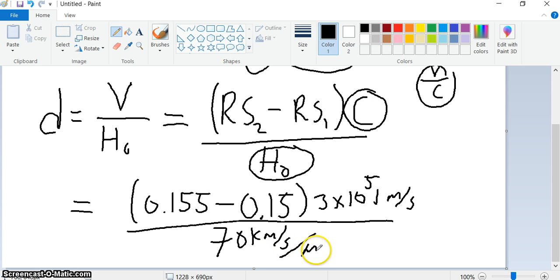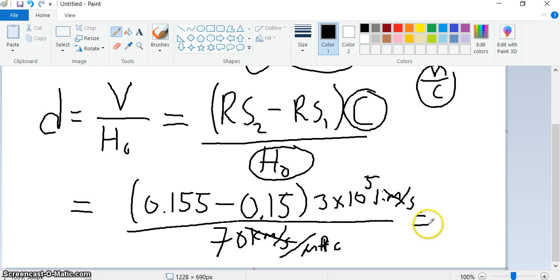The kilometers per second in the numerator and denominator cancel each other, and this whole thing comes out to be basically 1,500 divided by 70, or 21.4 megaparsecs.